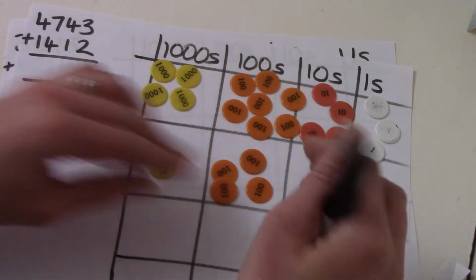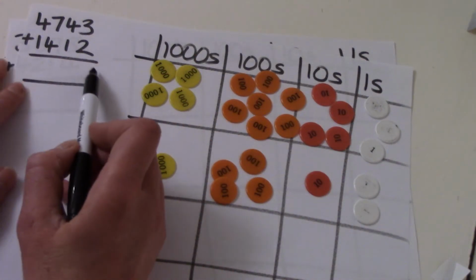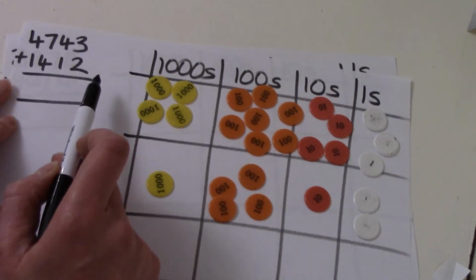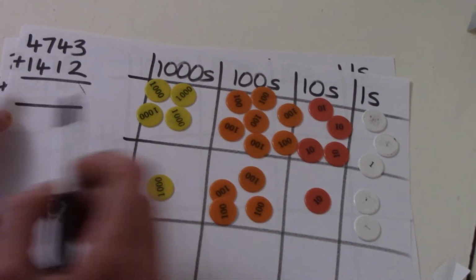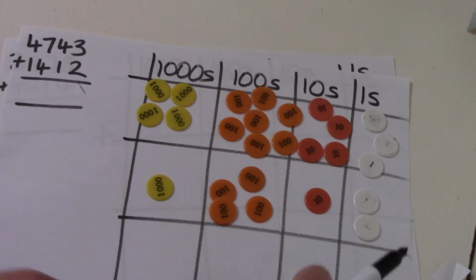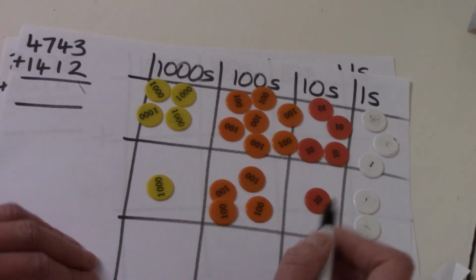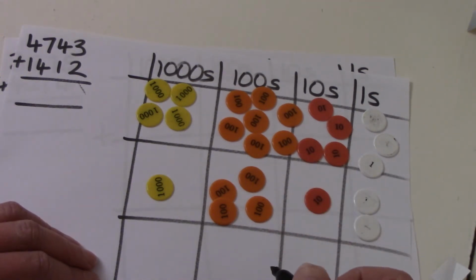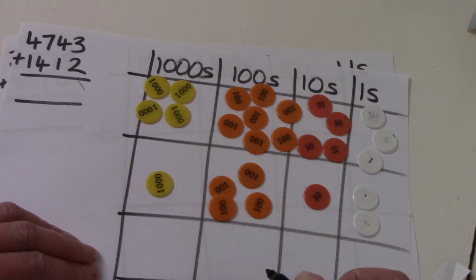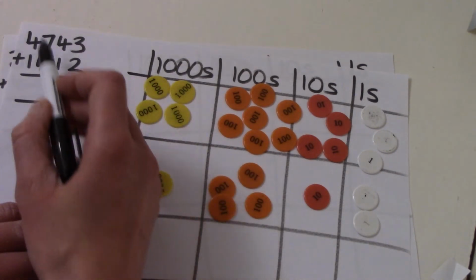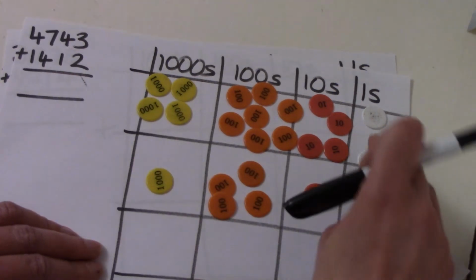We need to find the total of these two numbers. So you can already start to look maybe, and you might be realizing where there's going to be some regrouping needed. We regrouped the ones last time to tens and ones. I wonder which column you think will require some regrouping this time. Okay, so let's carry on.